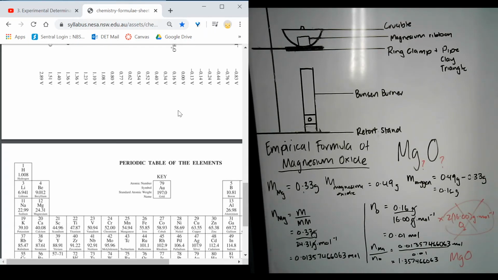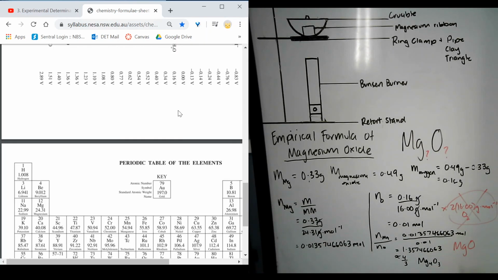But just to finish this one off, if you have a third more magnesium than you have oxygen, it's roughly 1.3 to 1, and you can consider this to be 4 parts to 3, if you consider every third. So this is really roughly equal to 4/3, which means that oxygen would be 3/3, being 1. So we would get this formula of Mg4O3. I'll just move the camera to see that. That's what we would get from this, but this is actually incorrect. We know that. So in the next video, we're going to talk about why.